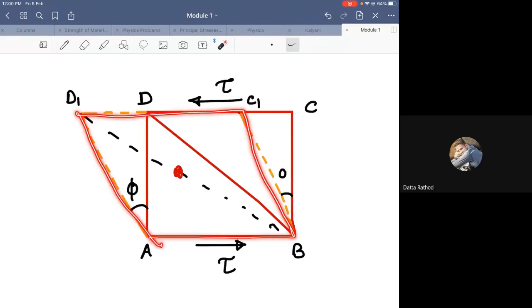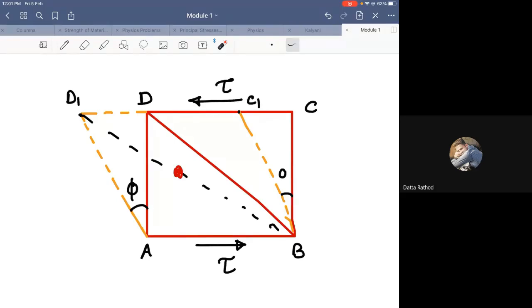Originally, the angle between the face AB and AD was 90 degrees, but now the angle changed and it becomes more than 90 degrees. Angle between the face AB and AD1 is now more than 90 degrees. So due to the application of tau, this change happened. Now our aim is to find out the relation between the Young's modulus and shear modulus.